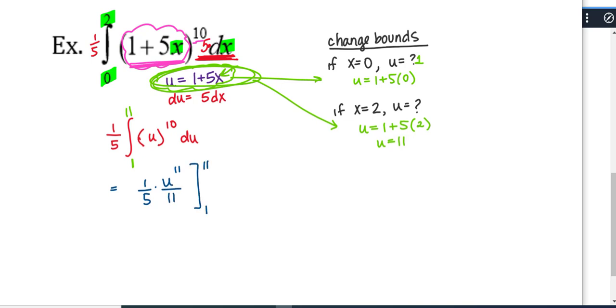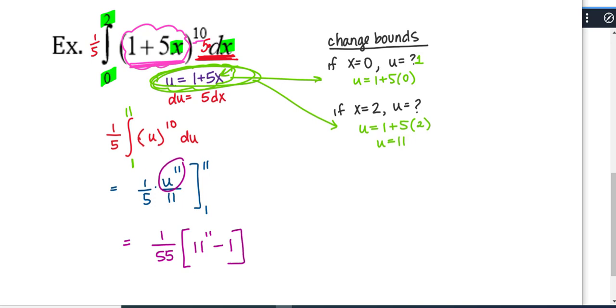I'm going from 1 to 11. That is coincidental. I'll pull the 1 over 55 out front here. Then it's just going to be this u to the 11th, so it'll be 11 to the 11th minus 1 to the 11th.